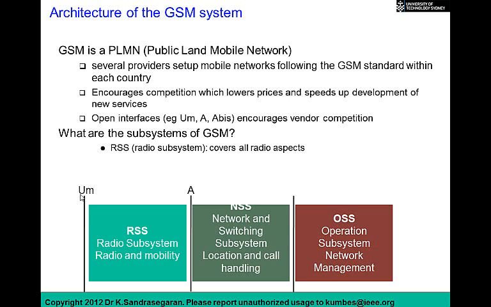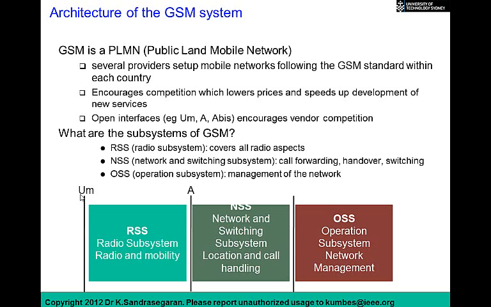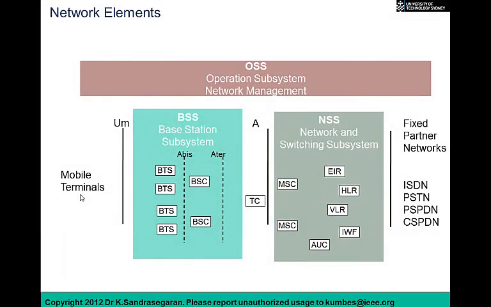As I said, the three main subsystems of GSM are the radio subsystem, the network and switching subsystem, and the operational subsystem. We're going to go into detail on each of these subsystems in subsequent slides. We start with a little bit of an overview.